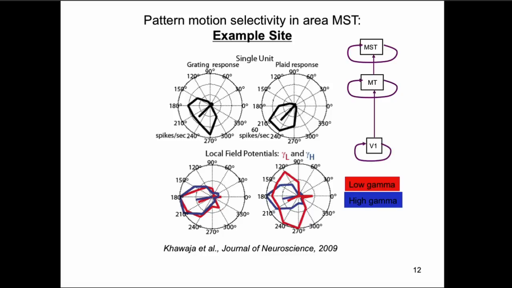We see that, as we see in blue here, the response is pattern. But the low gamma response, which is red, is component. You see the bilobe response. Now this indicates that for this site, the local field potential for the low gamma frequency band is consistent with feed-forward activity because it's component, based on our hypothesis.